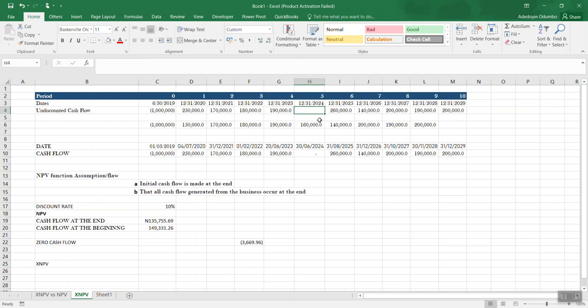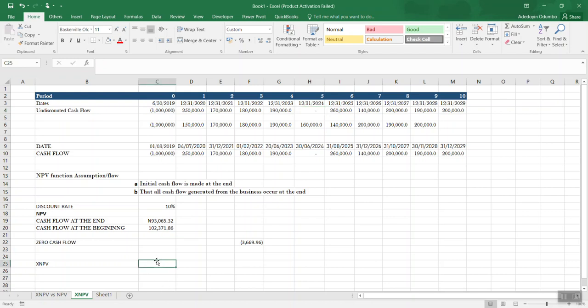I need to put the zero here so that Excel will consider it as part of its calculation. If there is nothing here, then when it gets here it assumes this is year number 5, although it is year number 6. So in a period where we have nothing, we should put in 0 so that Excel will actually consider that time period in its calculation.